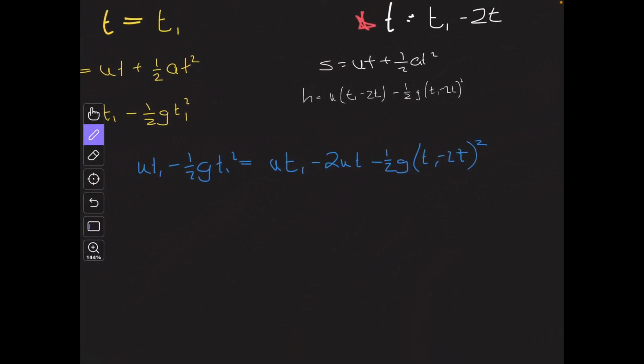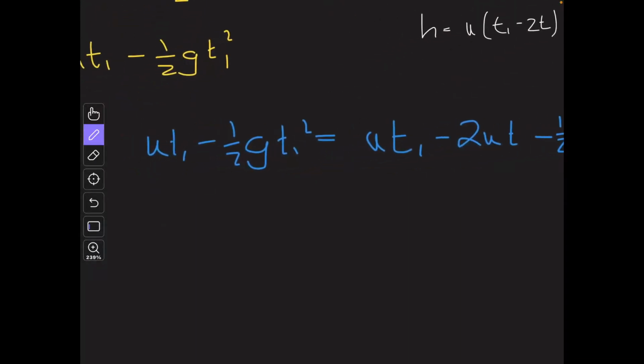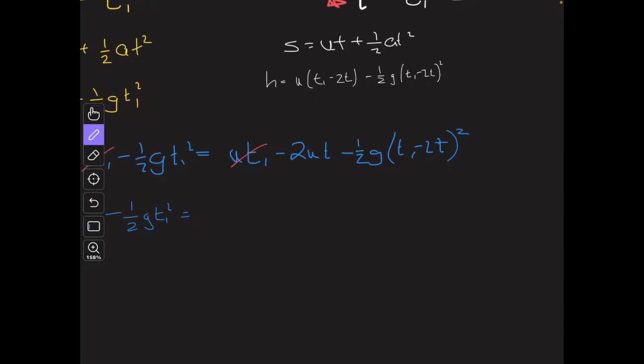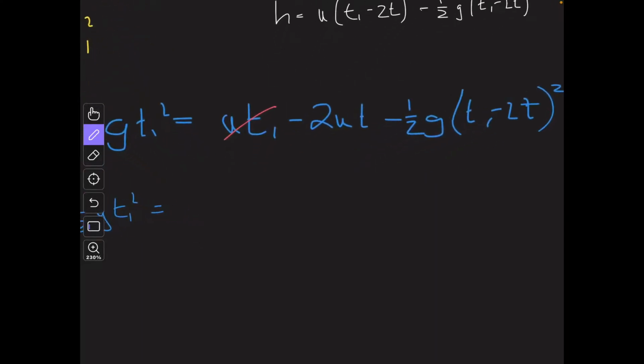I think I can almost cancel things. I won't rush here, I'll take my time. So I will cancel the following ones, just on each side. So this cancels with that. Minus a half gt1 squared equals minus 2ut minus a half g, and be careful expanding this bracket.